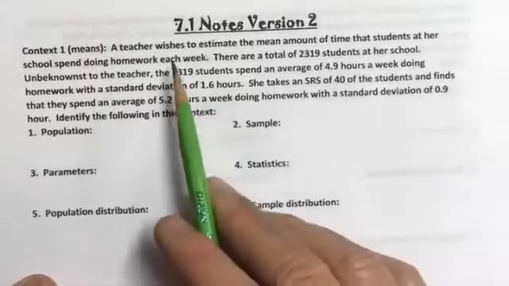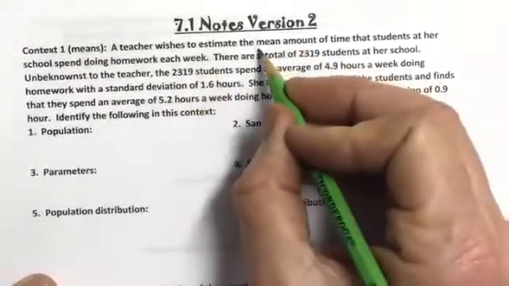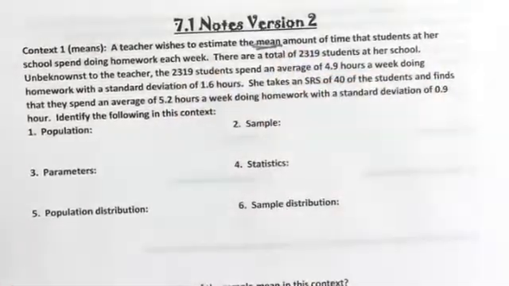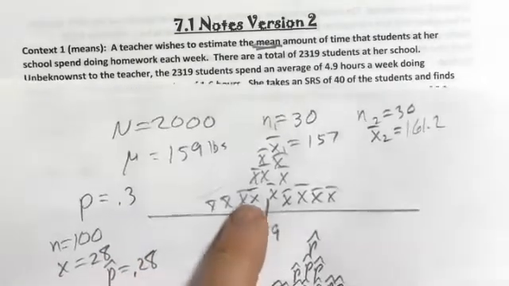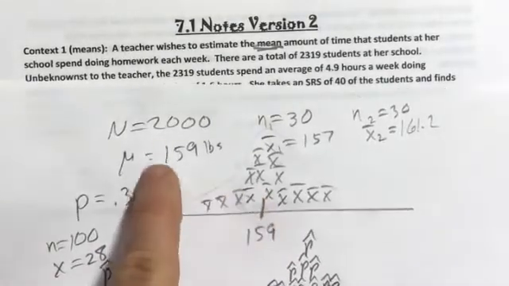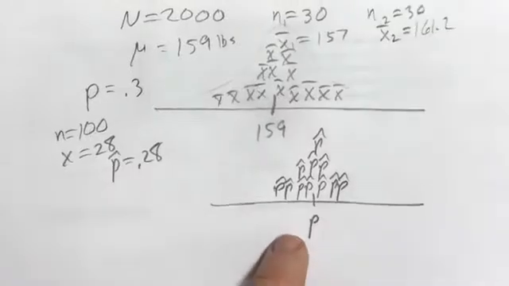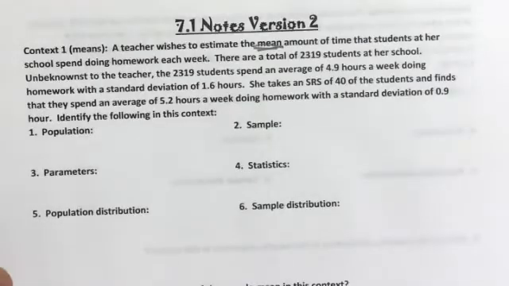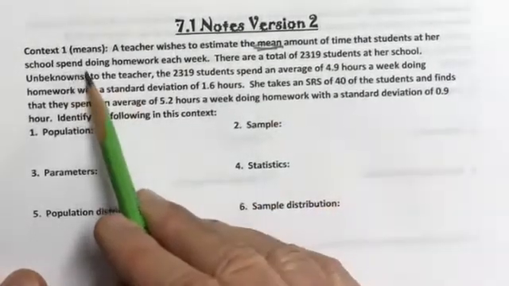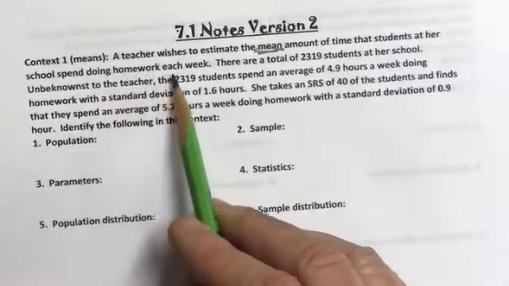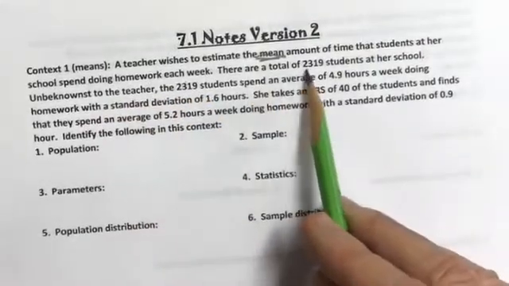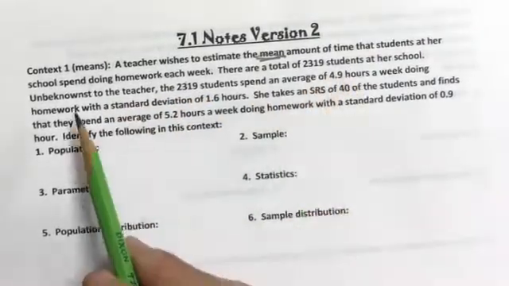This one says a teacher wishes to estimate the mean, not the proportion. That's the first thing you identify. So the mean: now I'm dealing with x bars and mu's, not p hats and p's. The mean amount of time that students at our school spend doing homework each week. There are a total of 2,319 students at our school.